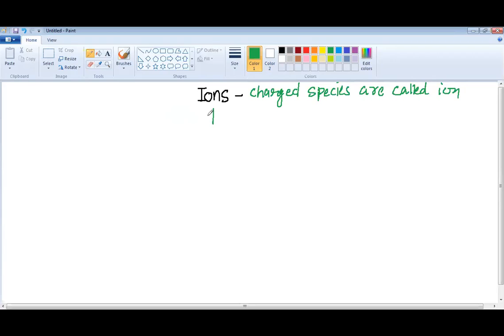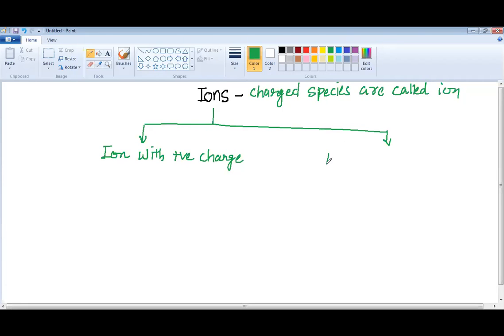The ions may be of two types. One is the ion with positive charge. We may have the ion with the negative charge. So we have two types of ion.